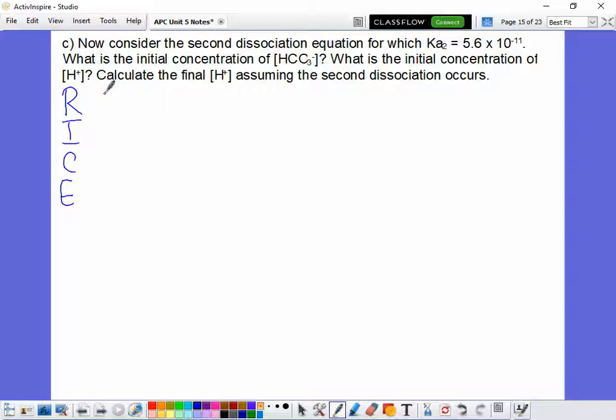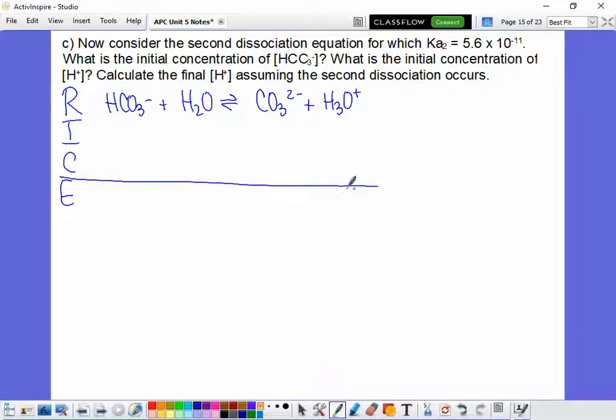What are going to be my reactants for the second dissociation? HCO3 minus reacting with water, forming CO3 2 minus and H3O plus. All right, I can still cross off water.